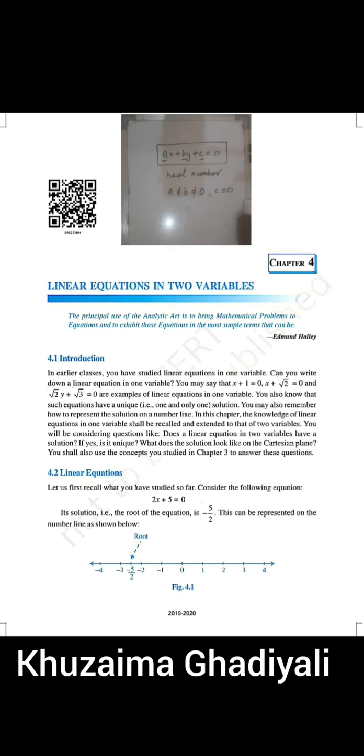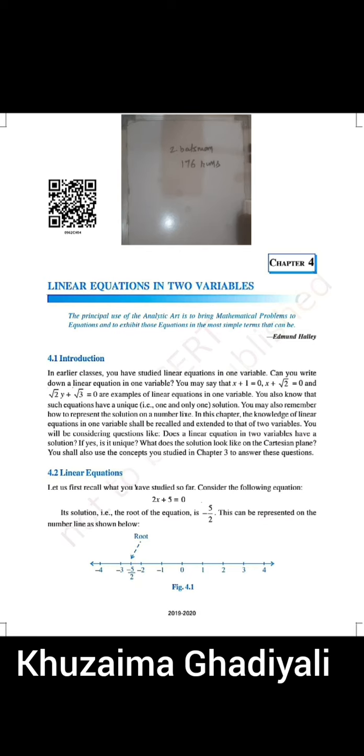In many situations we can convert the situation into a linear equation in two variables. For example, let's take one example. Suppose in a cricket match, two batsmen are batting and they together scored 176 runs.